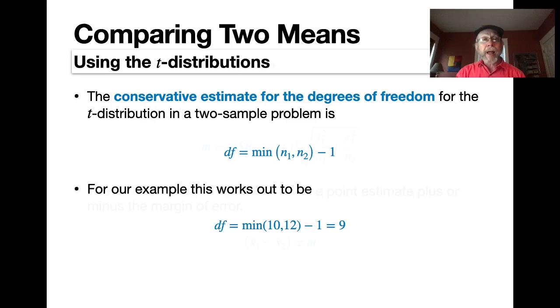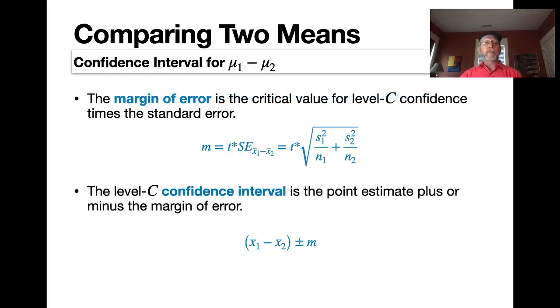Okay, so how would we put together a confidence interval? Well, here's where the story reconverges with what we've already seen in one sample problems. In one sample problems, the margin of error was a critical value times a standard error. And the exact same thing is true here.